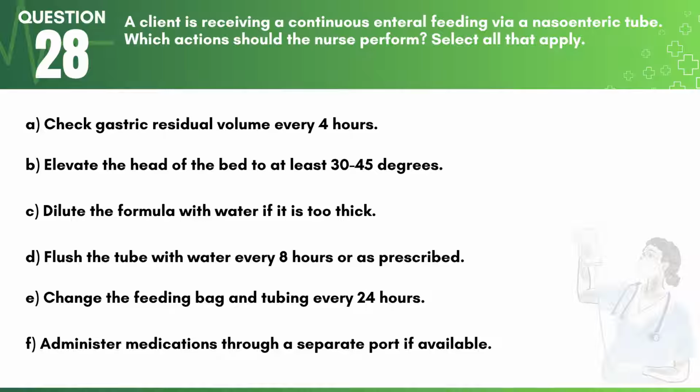C. Dilute the formula with water if it is too thick. D. Flush the tube with water every 8 hours or as prescribed. E. Change the feeding bag and tubing every 24 hours. F. Administer medications through a separate port if available.